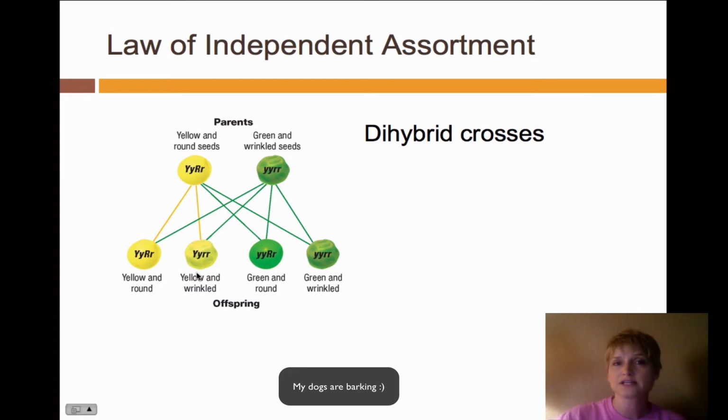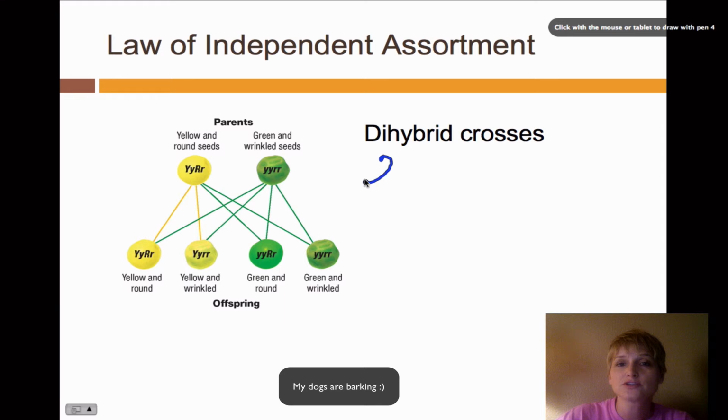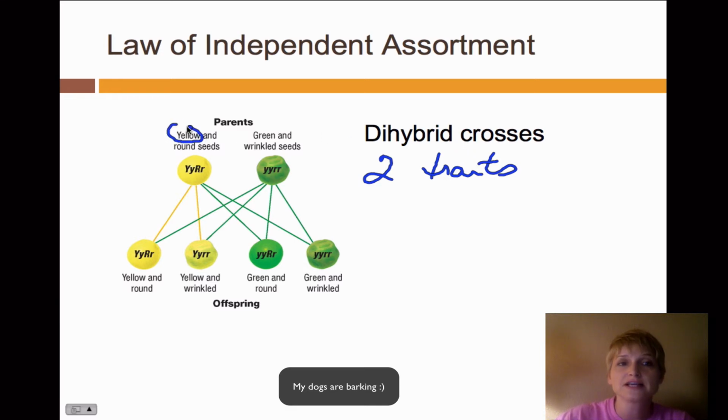Mendel also looked at dihybrid crosses. What we've talked about up to this point is monohybrid, but dihybrid means two traits. Mendel crossed two different traits together. He did this with yellow seeds, so that's one trait for color, and then he crossed seed shape, so he crossed round with wrinkled.